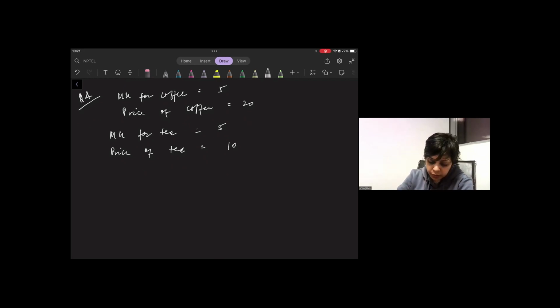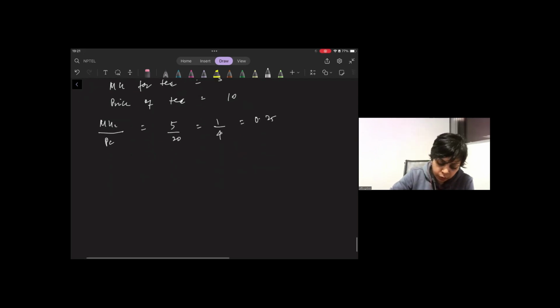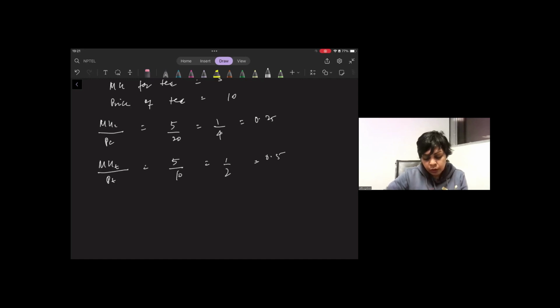So here MUC by PC is equal to 5 by 20, 1 by 4. MUT by PT is equal to 5 by 10, which is half. So which one should I consume more of? Tea, because I'm getting more value for every penny or every rupee I spend on tea.